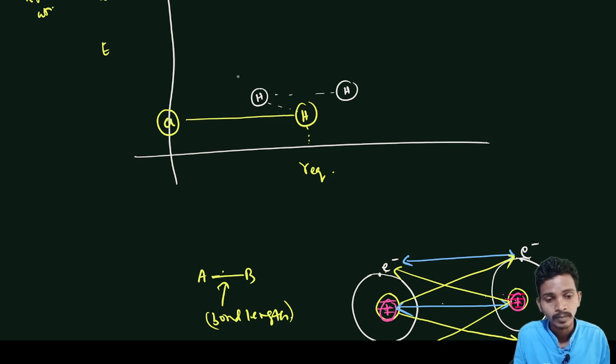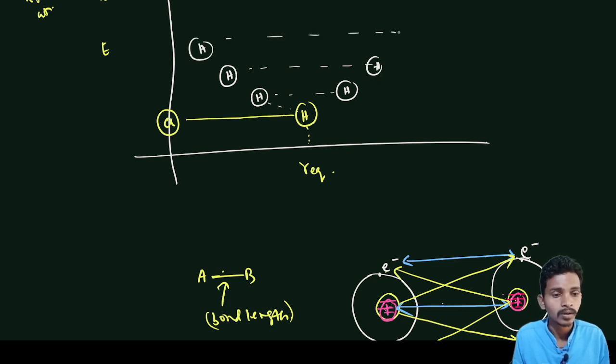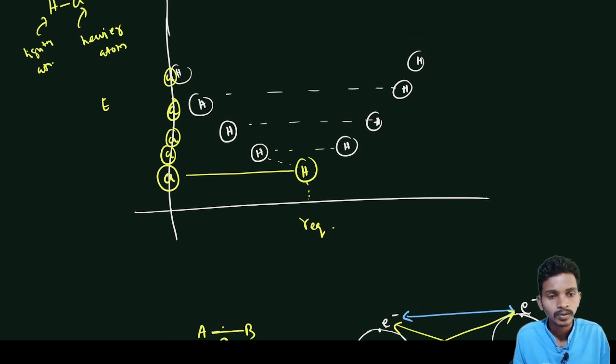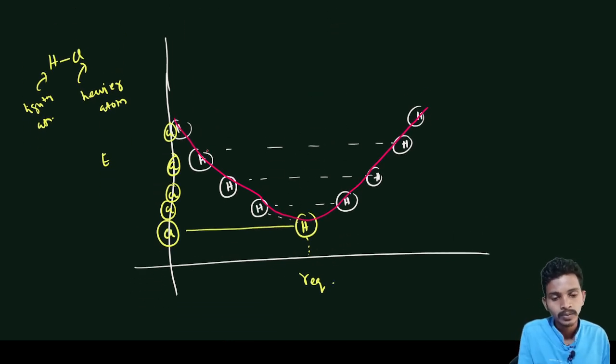Again, if you pull more, it will come closer, and the more it comes closer, the more it will be pushed back. So if you keep doing this, and here is chlorine, this way we can draw that hydrogen and chlorine atoms are vibrating.